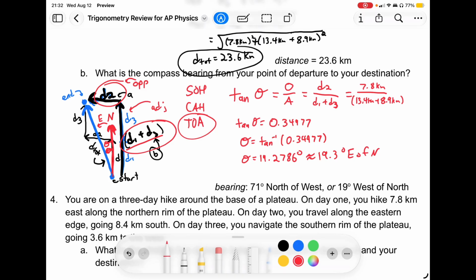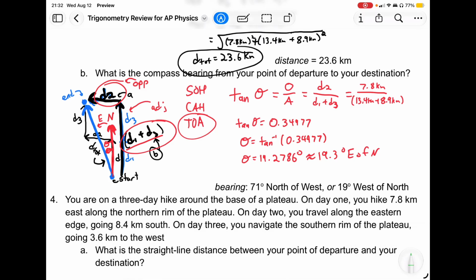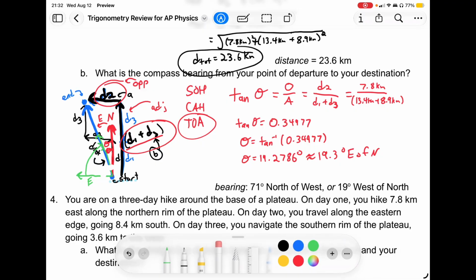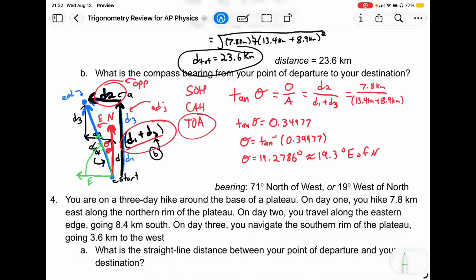We didn't have to start from there though. We could have started in an eastward direction, and then figured out how far north of that we have to angle ourselves to get back to that sum vector that we're looking at, right? We need a 90 degree angle here between the north and the east.